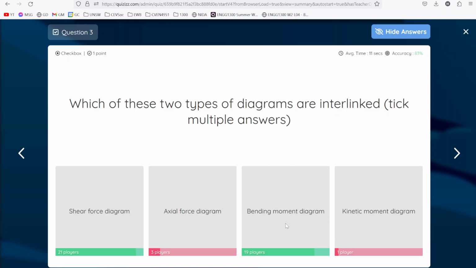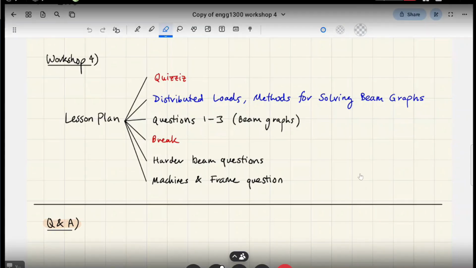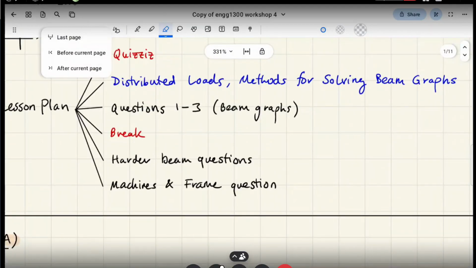And the axial force diagram isn't directly linked to these, but I didn't word this question in the clearest way. We can see how they interact as I give an example. Actually, you know what? I'll give an example right now. So we'll do it up here for now.